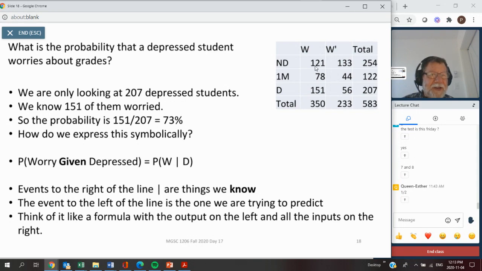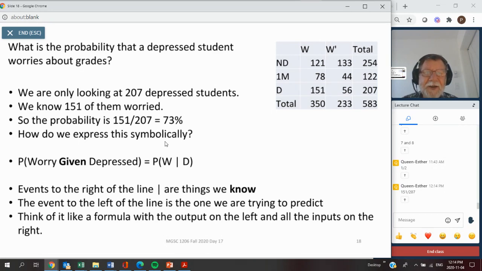I don't care about these other ones up above. And 151 of them worry. So that probability is 151 out of 207, or 73%. So 73% of depressed students worry. It's higher than what we had among the general student population.